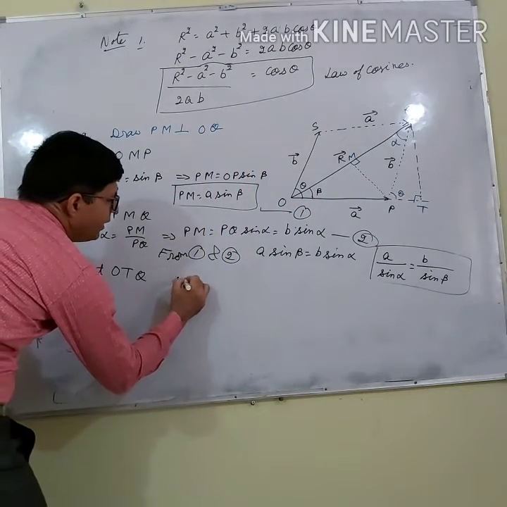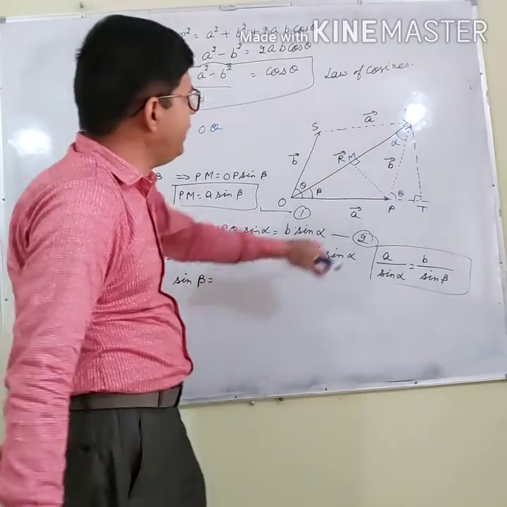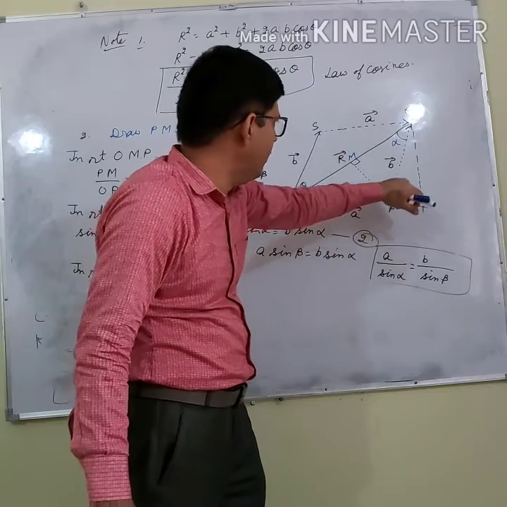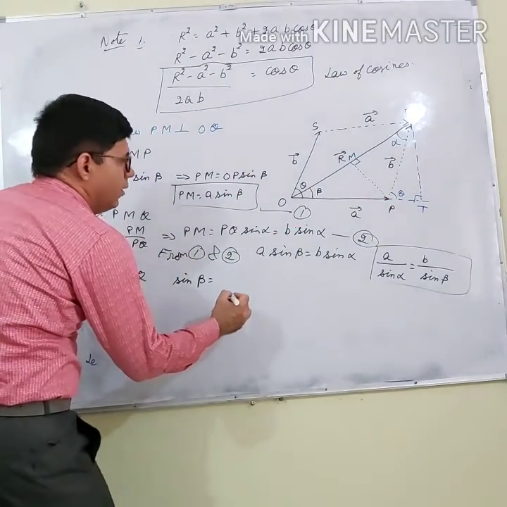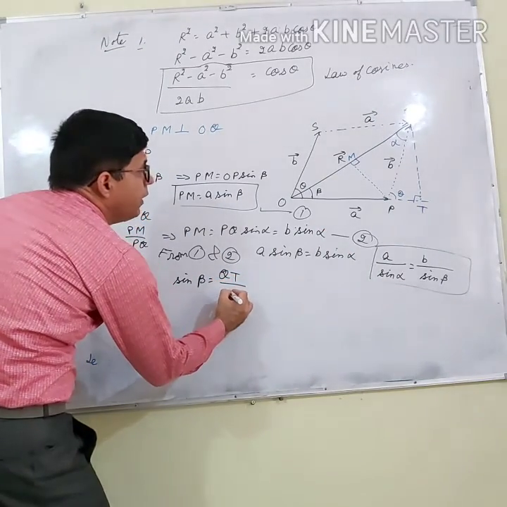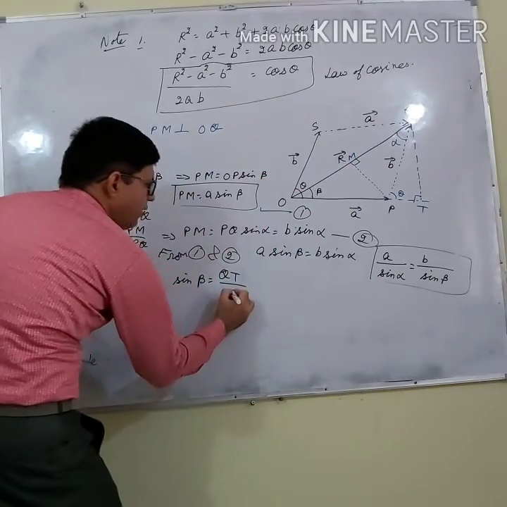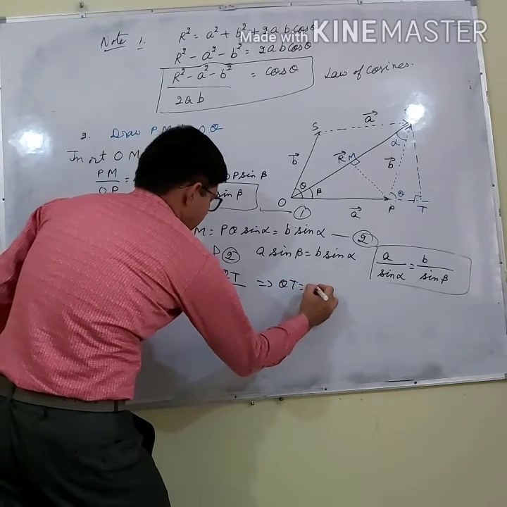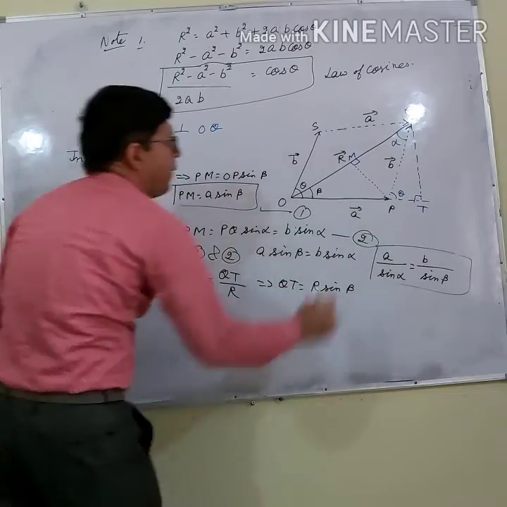Sine beta is perpendicular upon hypotenuse. Perpendicular is QT, hypotenuse is OQ. And what is OQ? It is R. So I can say QT equals R sine beta.